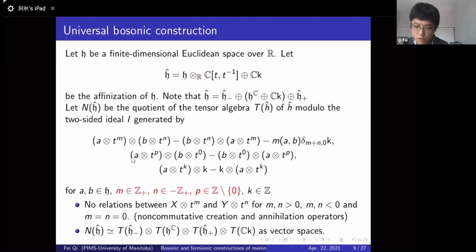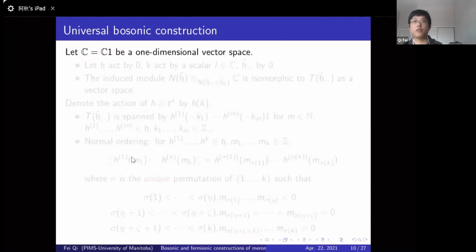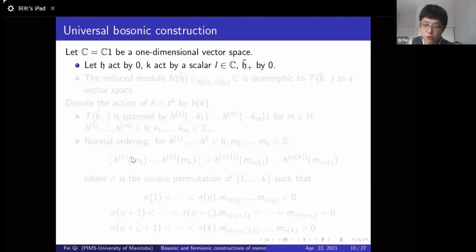Okay, so now let's see what we do next. We will just consider the one-dimensional vector space C and endow it with a module structure. We let H act trivially, we let the central element act as a scalar L, and we require all the positive modes to act by 0.